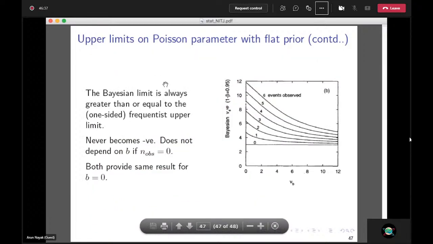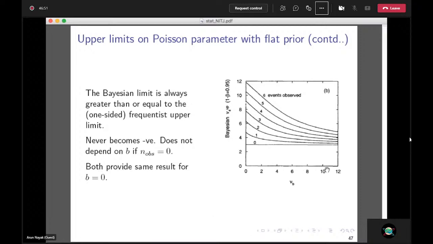Here you can see the limits obtained incorporating the flat prior. You see the distributions for different values of B and different observed numbers of events. What is the upper limit on the signal? You can see that when the observed number of events is 0, the upper limit on the signal does not depend on B at all.